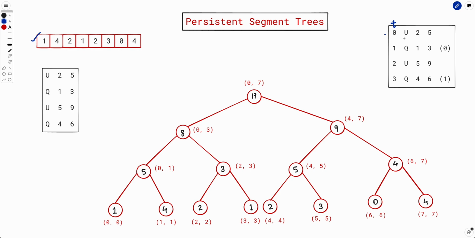In other words, at t equals 0, the state of the array was this. So you have to find the sum between 1 and 3, which is these 3 elements, at t equals 0. So the sum would be 4 plus 5 plus 1, which is 10. So the sum would be 10 here.